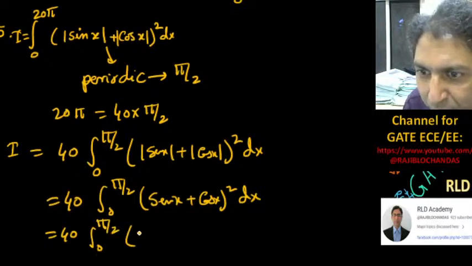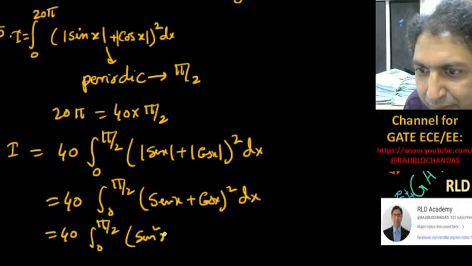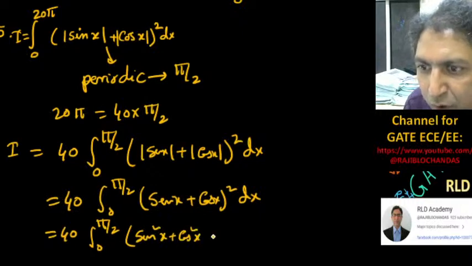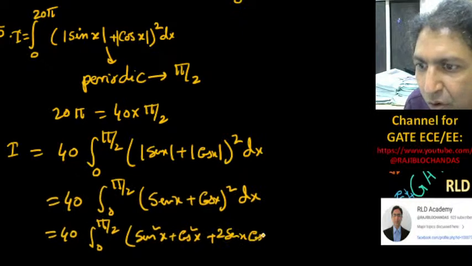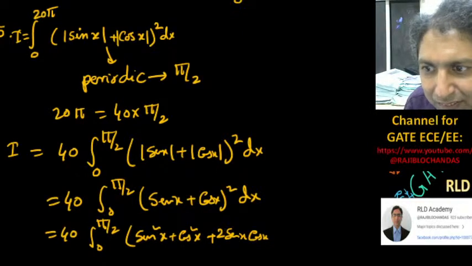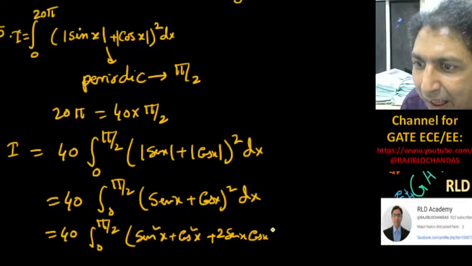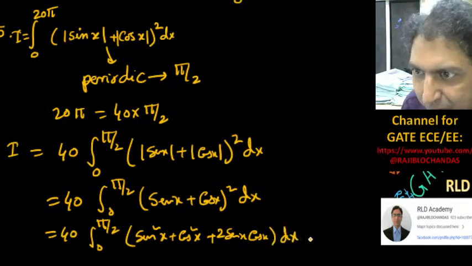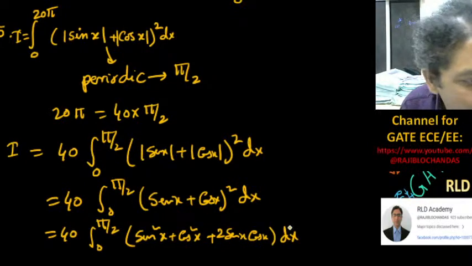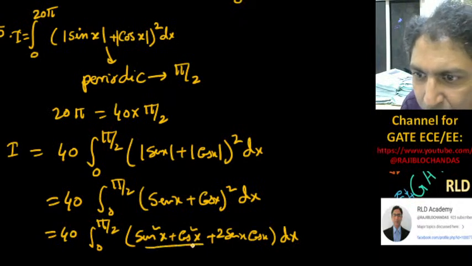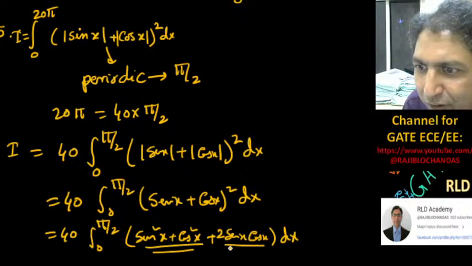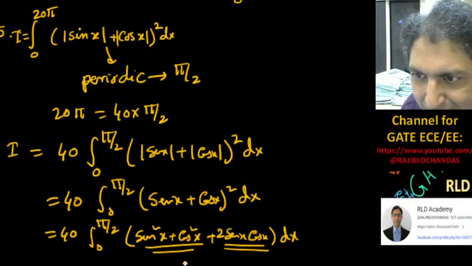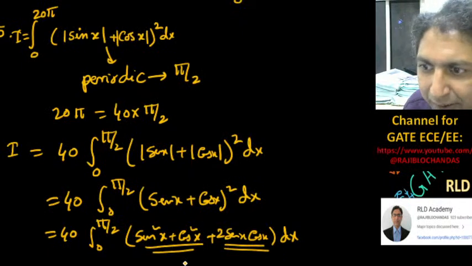So sin square plus cos square, a square plus b square plus 2ab, 2 sin x cos x, and then dx. So sin square plus cos square equal to 1, and this 2 sin x cos x, that we can go for sin 2x. So it is 1 plus sin 2x.